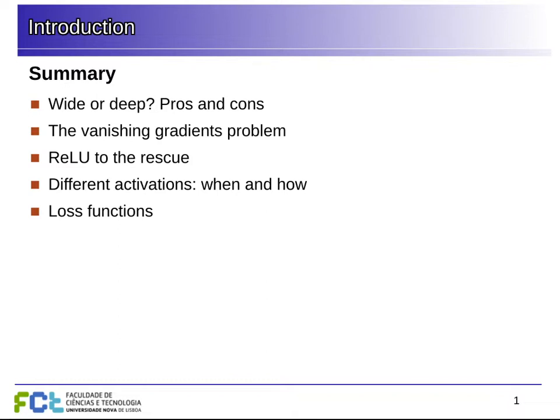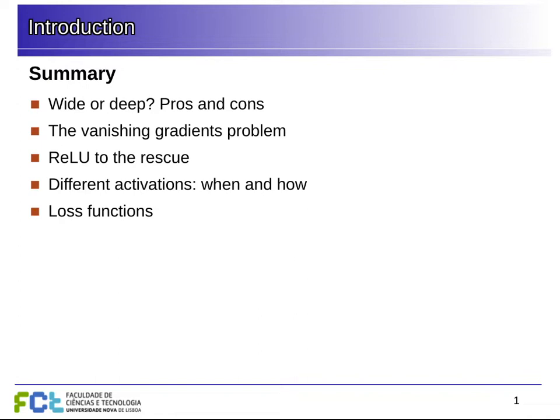So I'm going to start just with a brief overview of the pros and cons of having wide models, like linear models for example, versus deep models like deep learning models, deep neural networks like we've been using. And also talk about this problem that was a really big problem for deep learning until about 2013, 2014, before these rectified linear units.